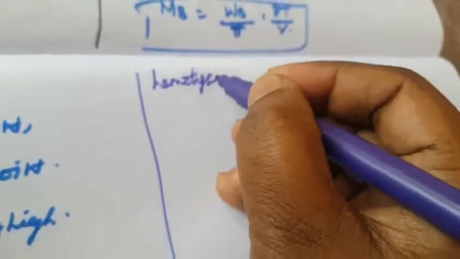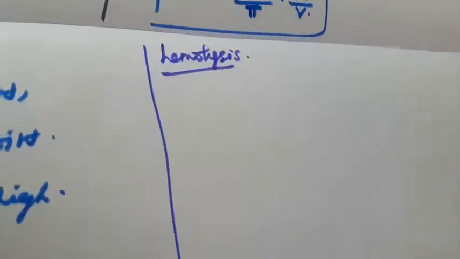This is called hemolysis, which causes the cells to burst. So what is hemolysis? It is the bursting of blood cells.